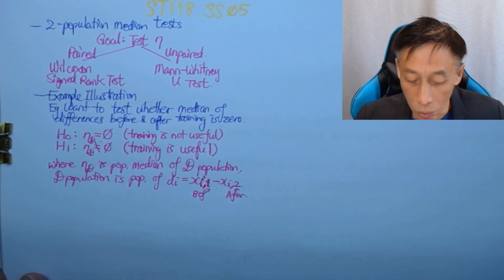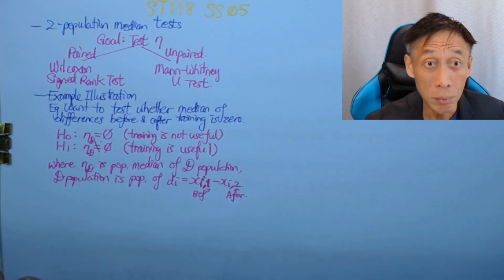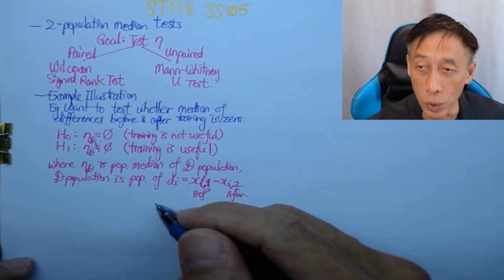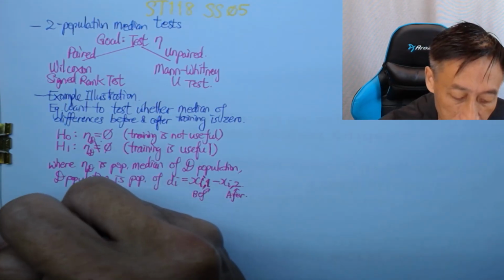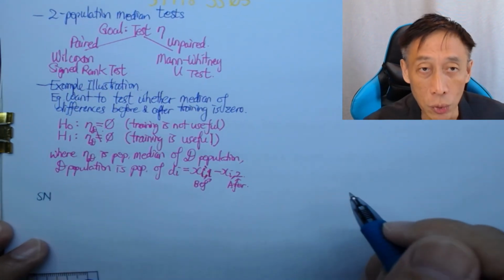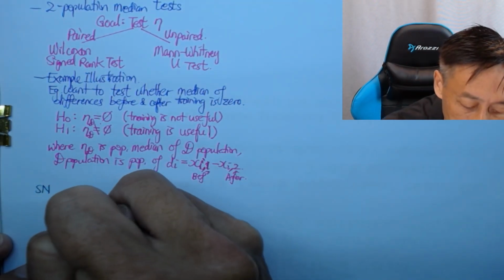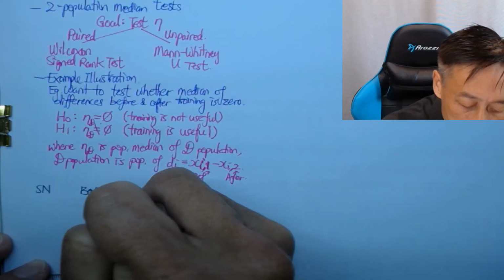Okay, so what we do is that we start to sample, make measurements, right? And we will obtain samples. And because they are paired, it's a good idea to have some sort of a serial number. And we say something like before and after.